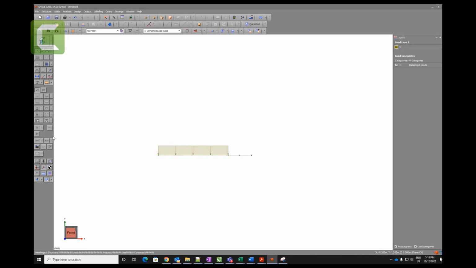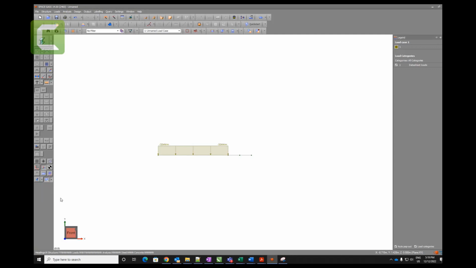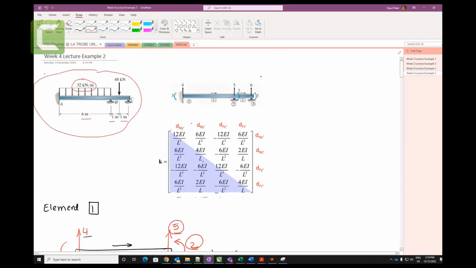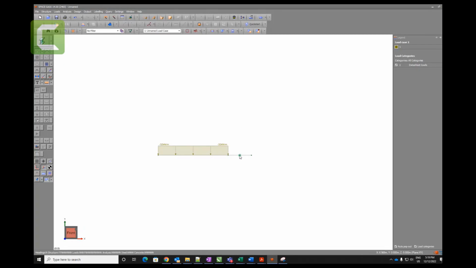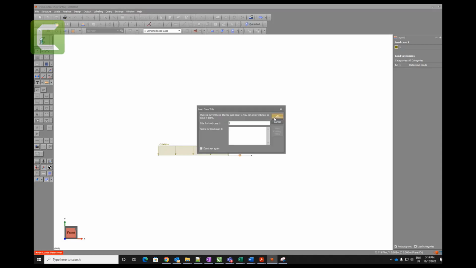If you can't see that, you can go here, diagram annotations. OK, so -32, -32. In here, you have another one, which is 48 kilonewtons. So single click, nodal load, and Y -48. Hit OK.